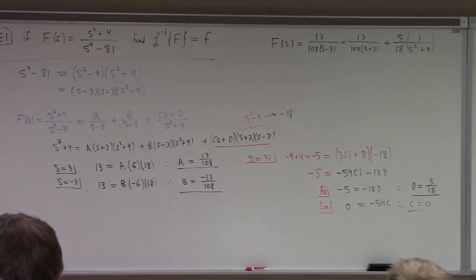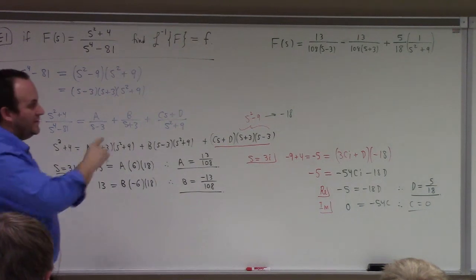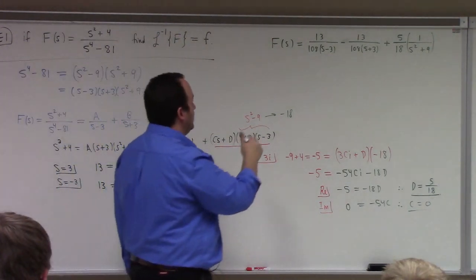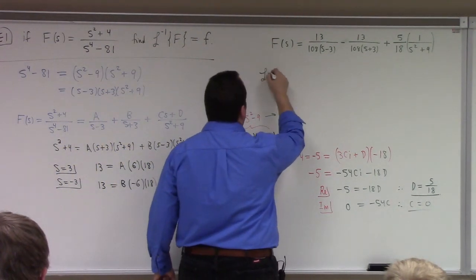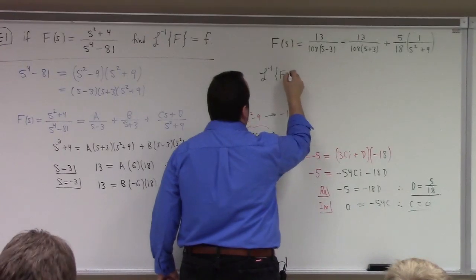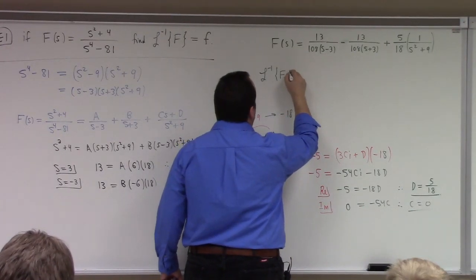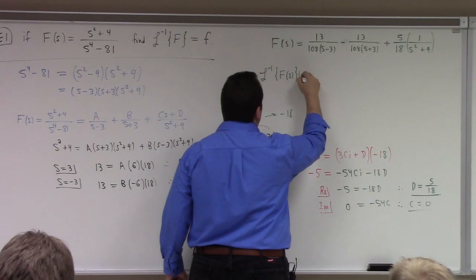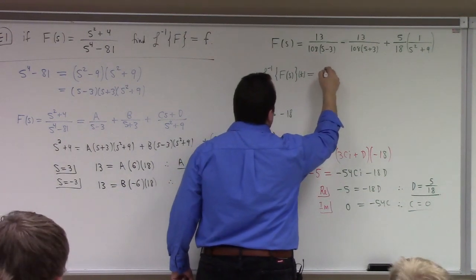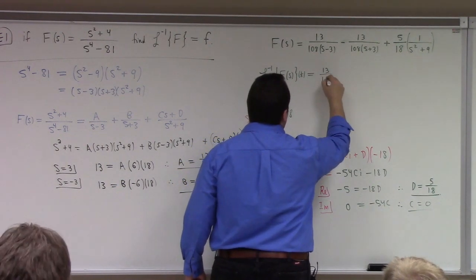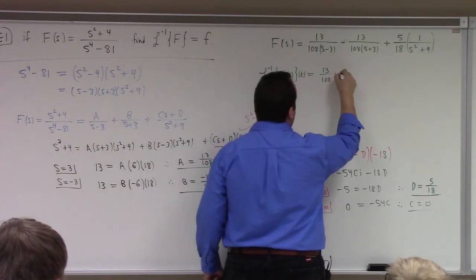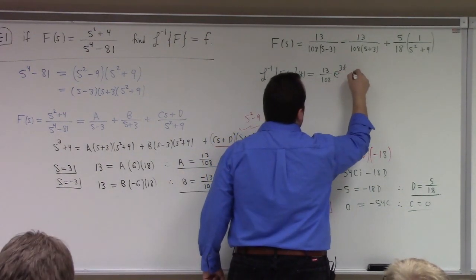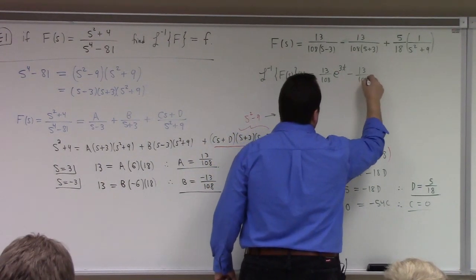That is nice because I can take the inverse Laplace transform of what's in green at the top of the board with a minimum of effort by just reading the table backwards. So I get 13 over 108. This gives me an e to the 3t. Minus 13 over 108.